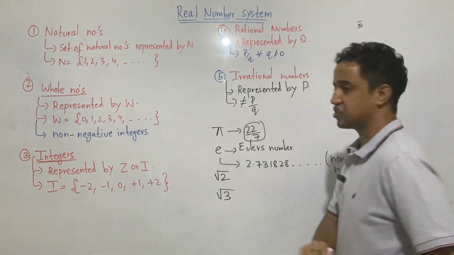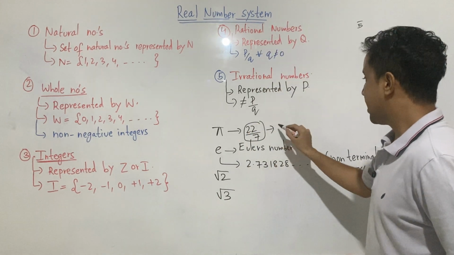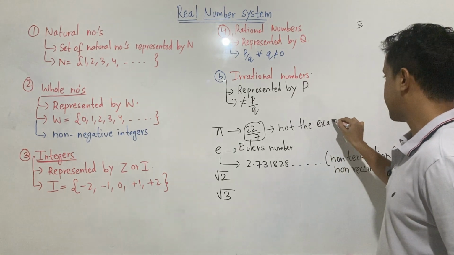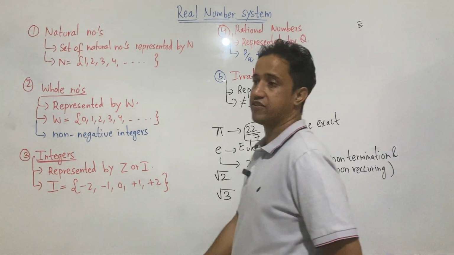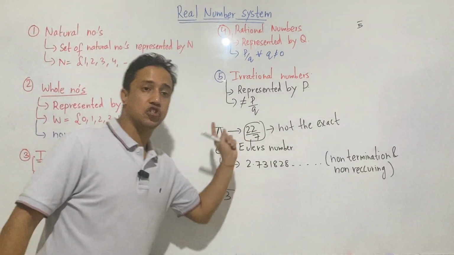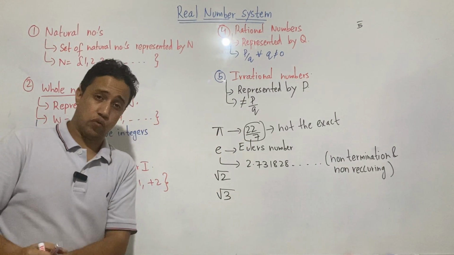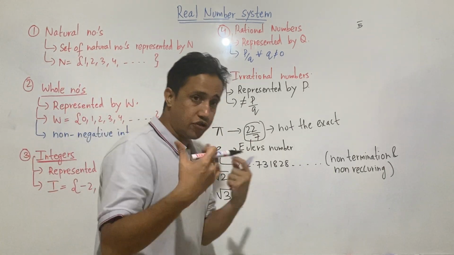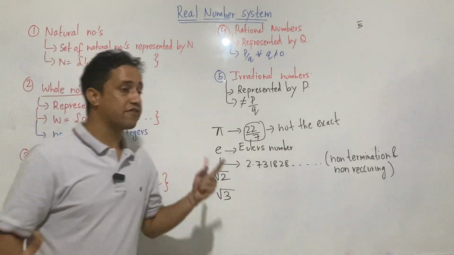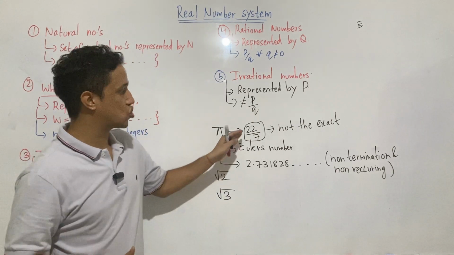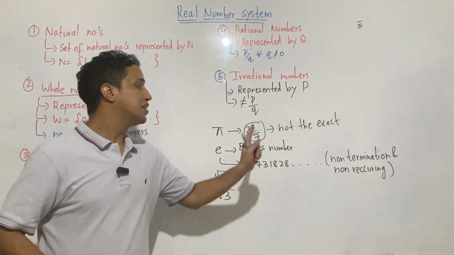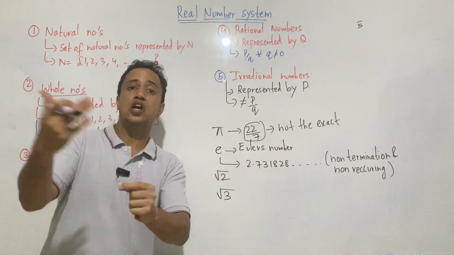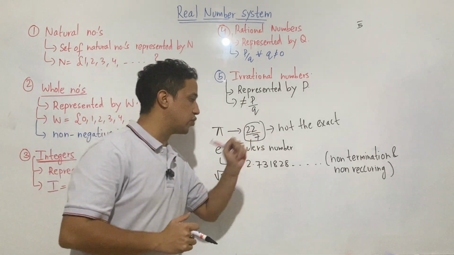Now this is not the exact value of pi, it is just the closest value to the exact value that we take for the sake of convenience to solve the questions. But that is not the real value. I hope you understand this.